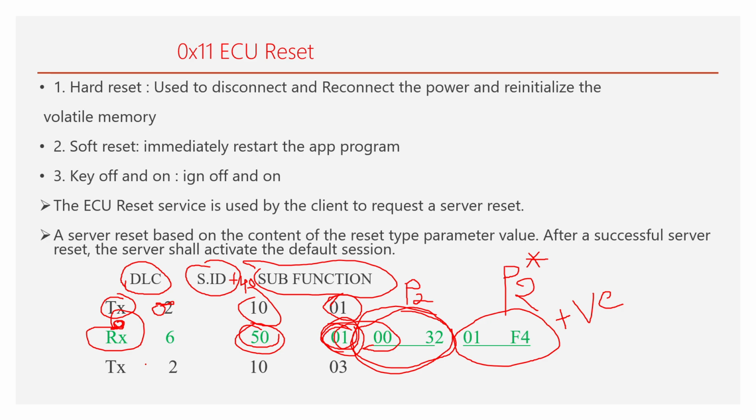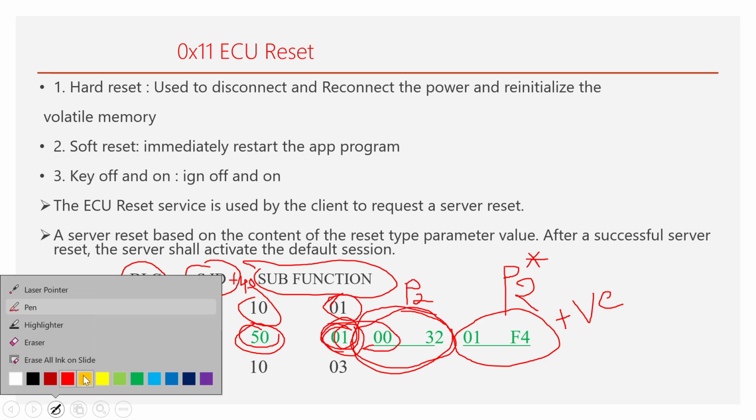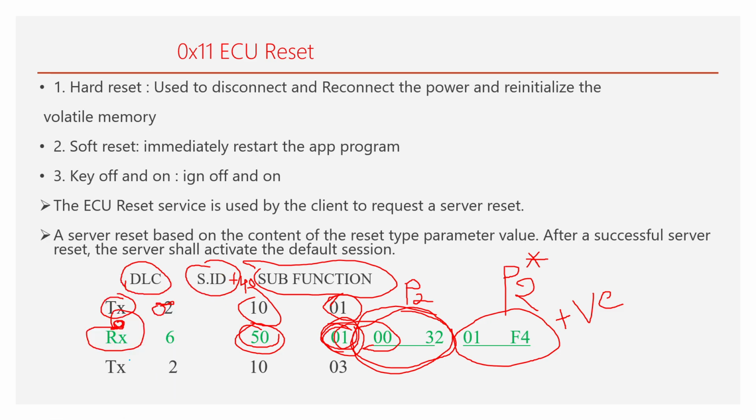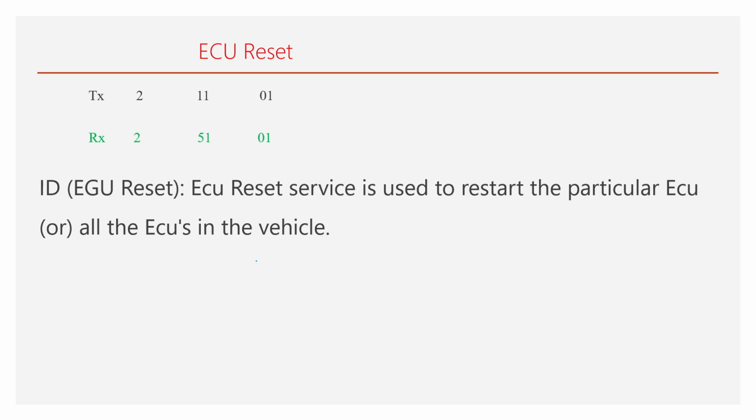What is the next step? What subfunction am I sending next? I am sending the TX message, the transmit message, with DLC 02, service ID 10, and the subfunction 03, which means I have given the extended session. So what response will I get?